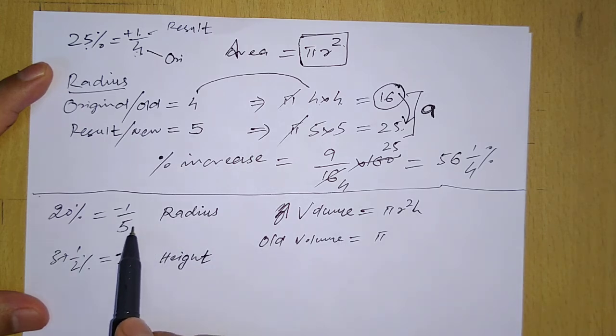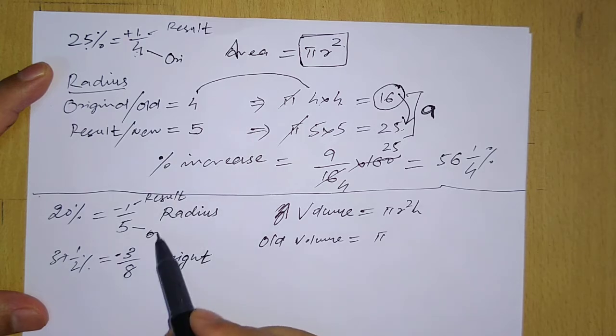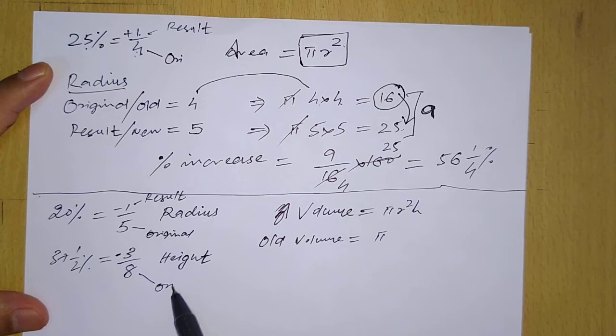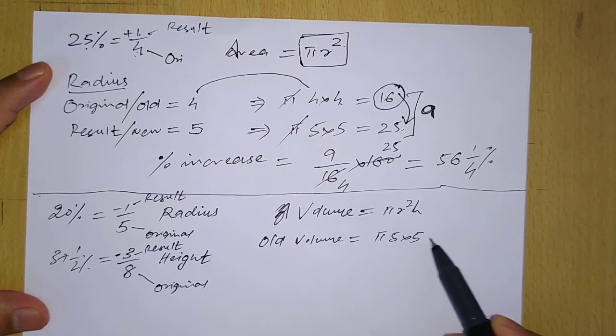This is the original and this is the result, and here this is the original height and this is the result. R is how much? Original 5. So 5 into 5 into h. The original height is 8.